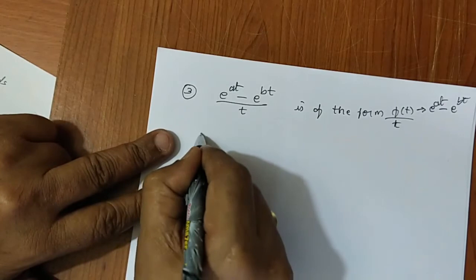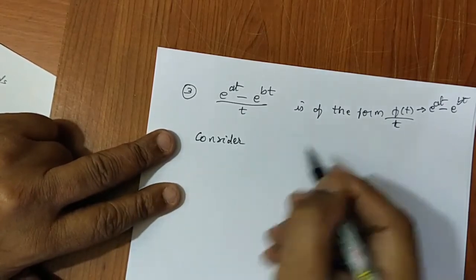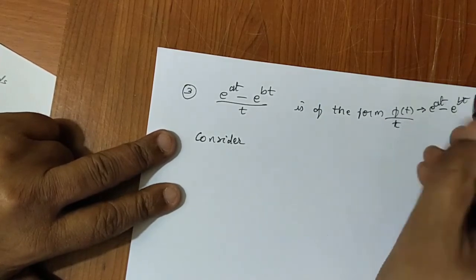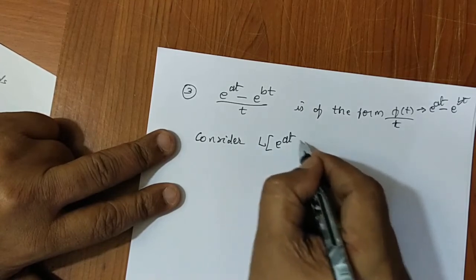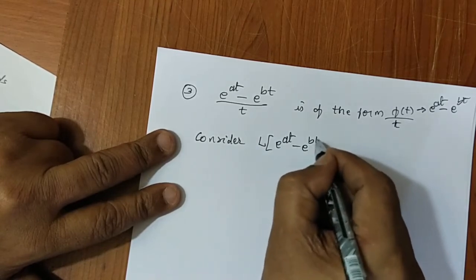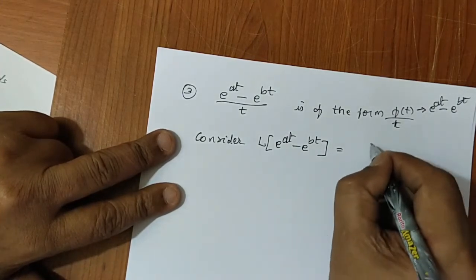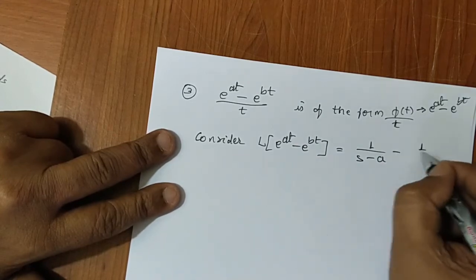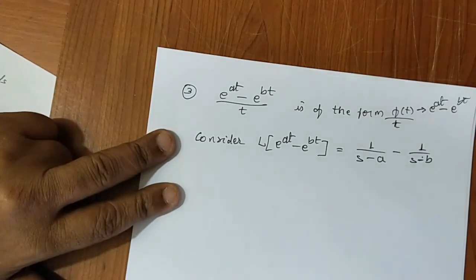Therefore, what I should do? I should consider L of f of t. Then I should integrate that from s to infinity. Consider L of e raised to at minus e raised to bt. So this will be equal to 1 over s minus a minus 1 over s minus b. Right.